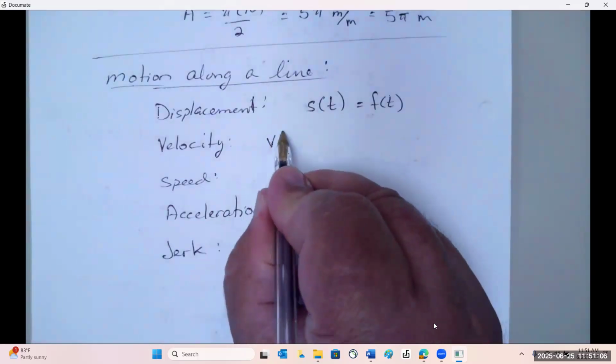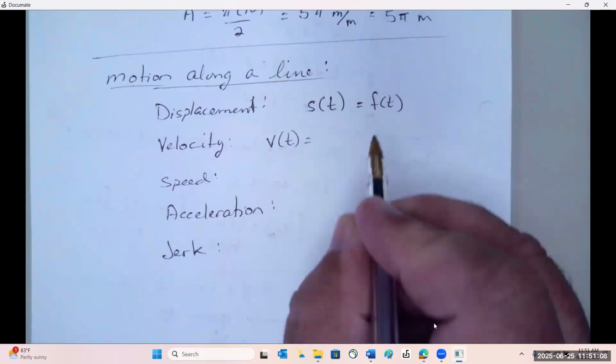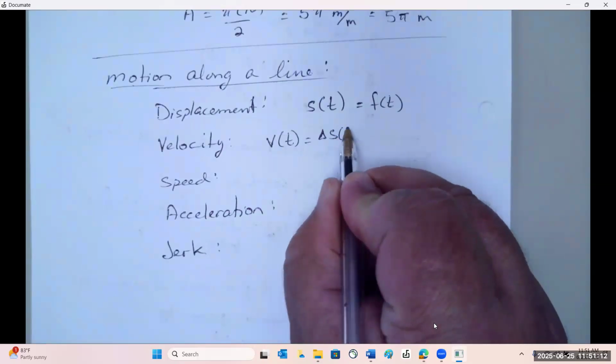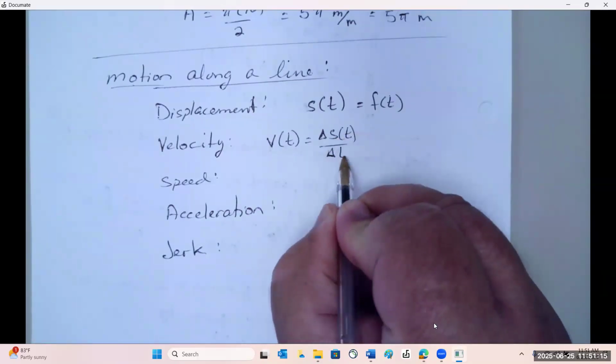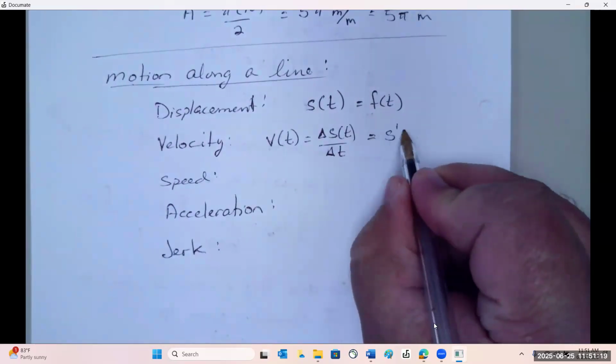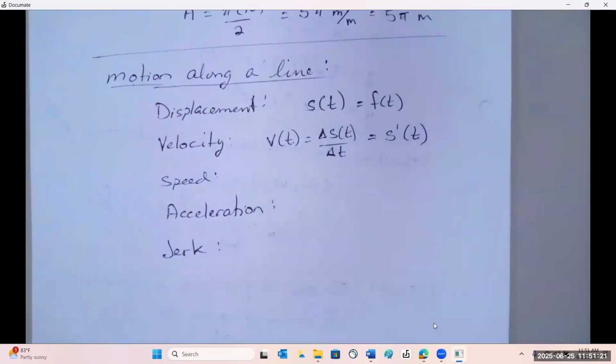Velocity is the change of displacement over the change of time, which is the first derivative of our displacement.